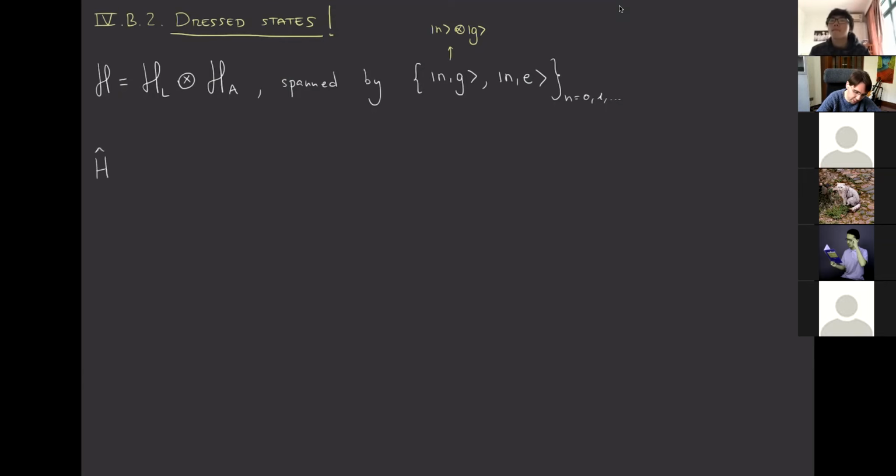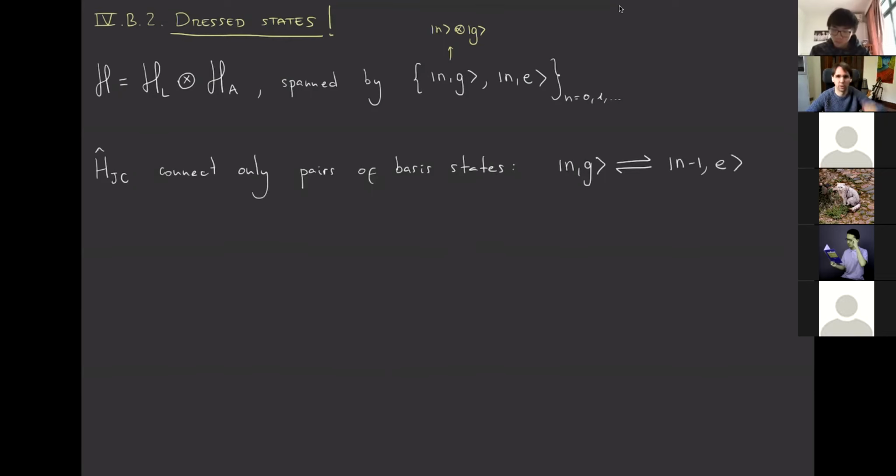The Jaynes-Cummings Hamiltonian can connect only pairs of basis states, specifically n excitations in the field and the atom in the ground state. It can connect it only with n-1 excitations in the field and the atom in the excited state.